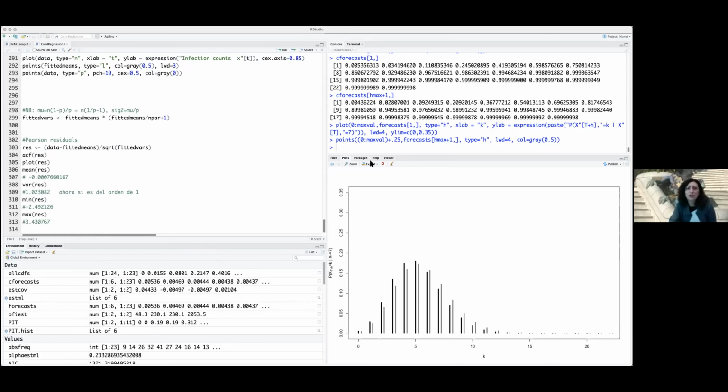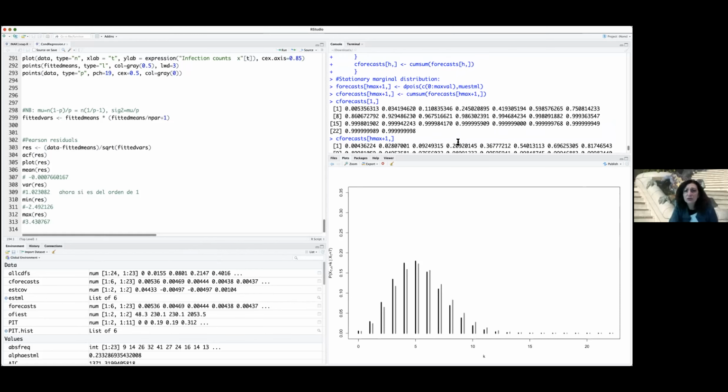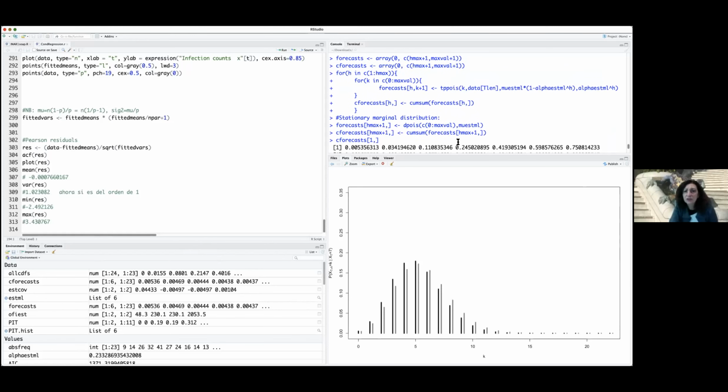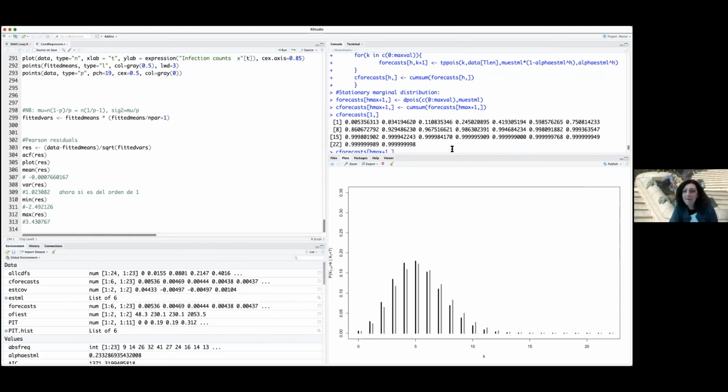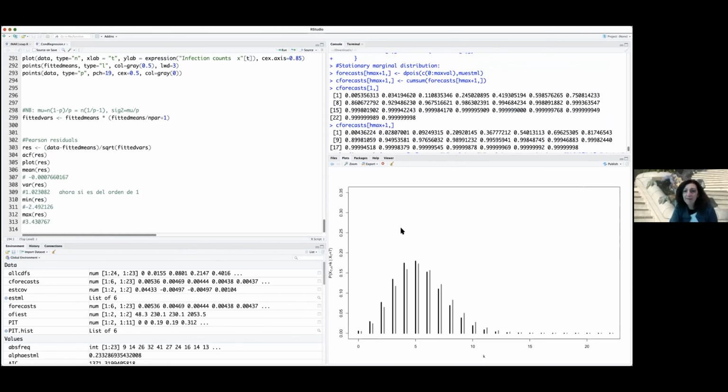You mean the long horizon prediction? Yes. Since it is a short memory model, it is not surprising. The farther you are, the forecast begins to overestimate what's going on.